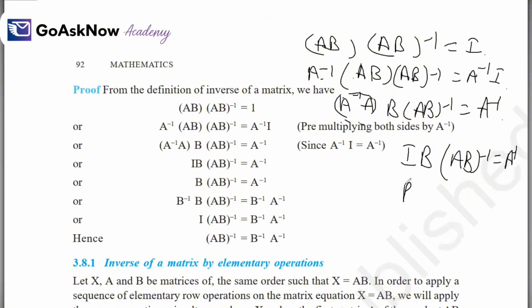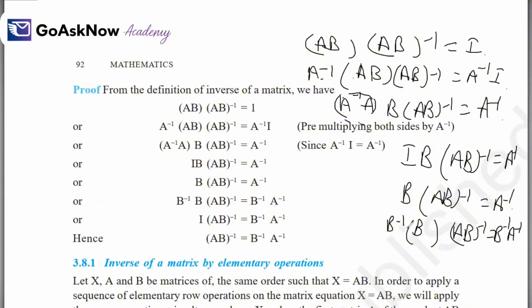IB is equal to B only, so B into (AB) inverse equals A inverse. Now multiply by B inverse on both sides.